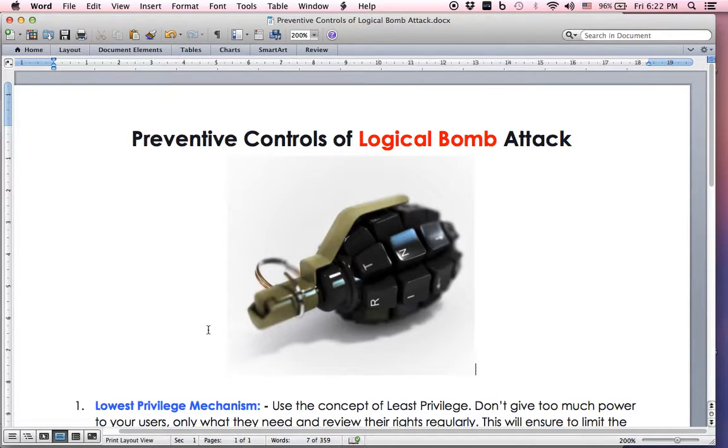For example, a DBA, the database administrator, can trigger everything related to the core system or core database of the organization. So if the control environment within the IT department is not tightened, someday they will code to execute at a specific time and condition to destroy the back end.